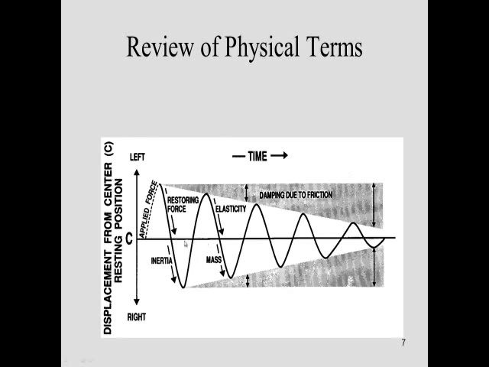Another way to picture this is to picture yourself on a swing going back and forth. Now, of course, it would probably look a little better if this graph was flipped a little bit, but imagine you're going to pull some little kid or push some little kid on a swing. You pull them all the way back to your left.